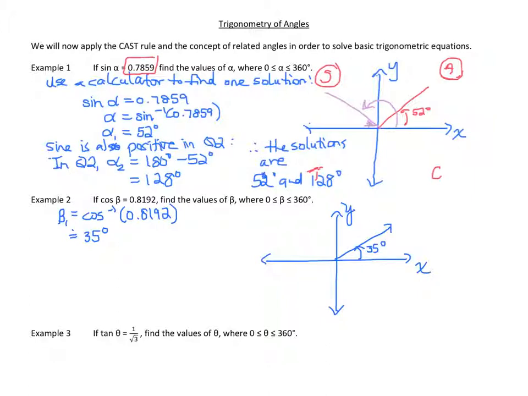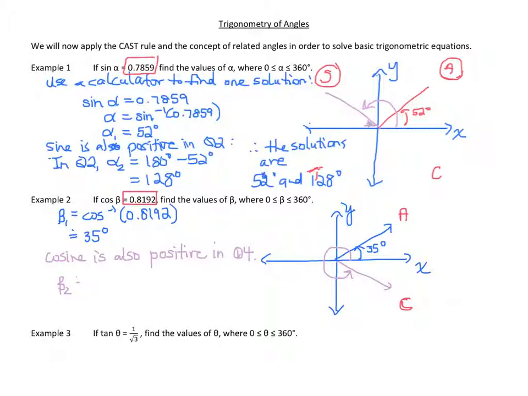And looking back at our question, the cosine ratio is positive. And remembering from the cast rule, cosine is positive not only in quadrant 1, but also in quadrant 4. So that means another possible solution is in quadrant 4, right here. So we will say cosine is also positive in quadrant 4.